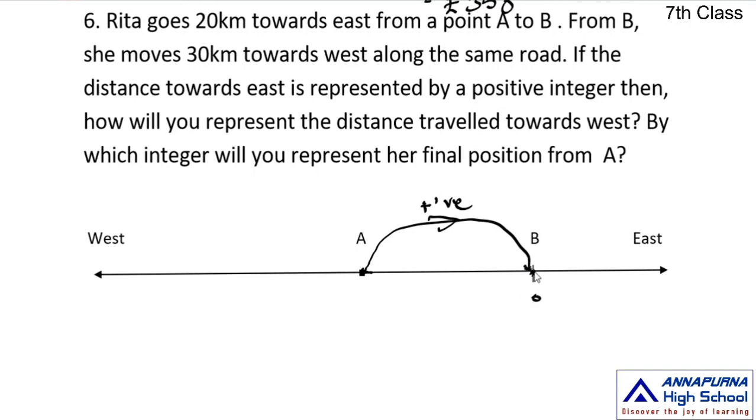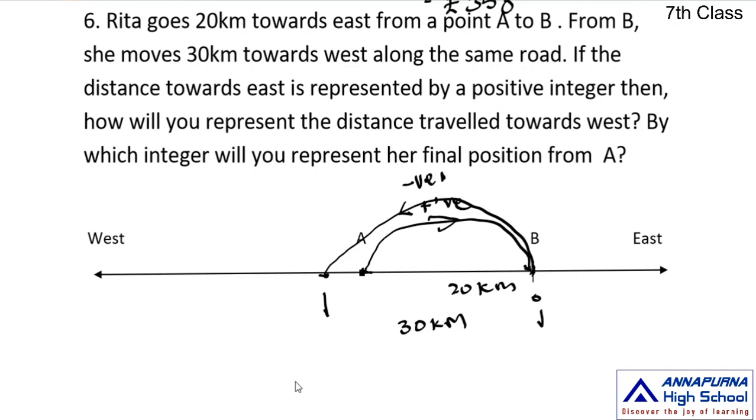Now from A to B it is 20 kilometers. Again she moves back from B 30 kilometers towards west, like that. So the distance from here to here is 30 kilometers. When she moves back, it is represented by negative sign.